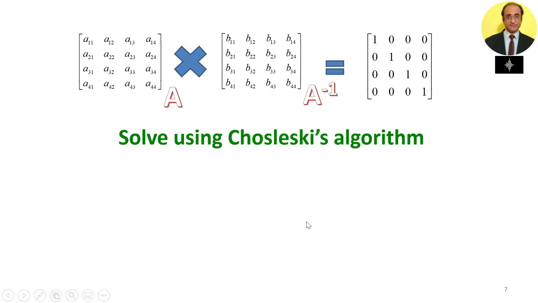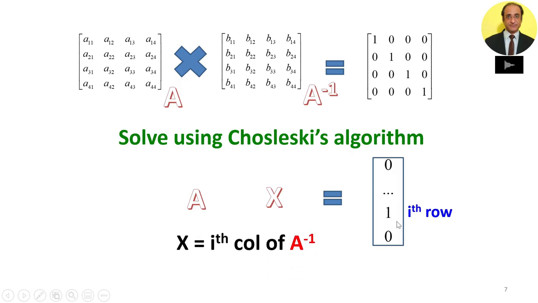So using Cholesky's algorithm, we solve the problem A x, where x is a vector, equal to a vector with 1 at the ith row. By definition, the solution will give us the ith column of the inverse of A.